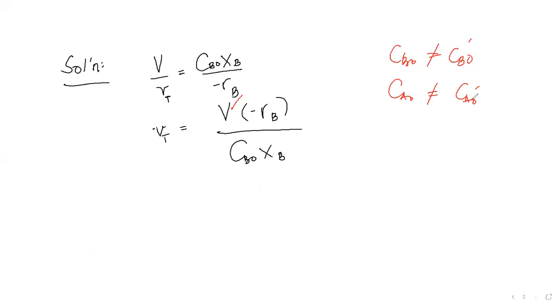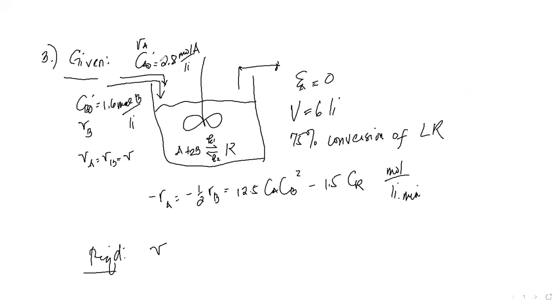So I will make this as our first equation. Having said that, there's a need for you to determine the actual concentration in the final mixture of A and B, the separate streams that is. In that way, you will have CBO being equal to... your CBO prime is 1.6, your CAO prime is 2.8.